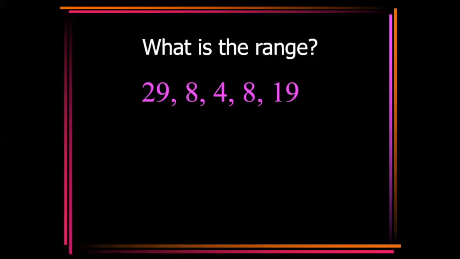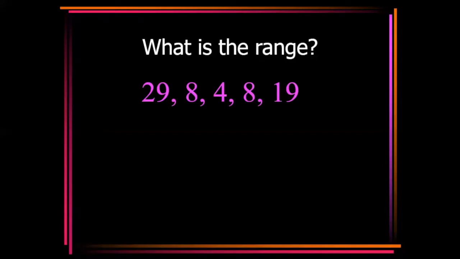Okay, I see a lot of you are telling me that 8 is the lowest number and 29 is the highest number. 8 is not the least number or the lowest number. 4 is. Therefore, our step 1 really helps us because step 1 tells us to order our numbers from least to greatest.